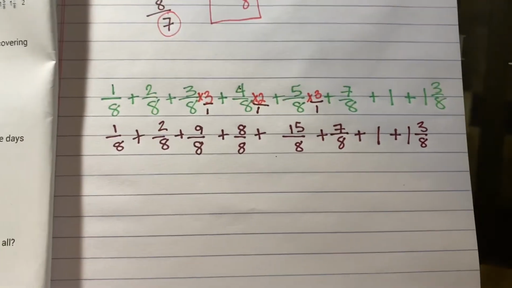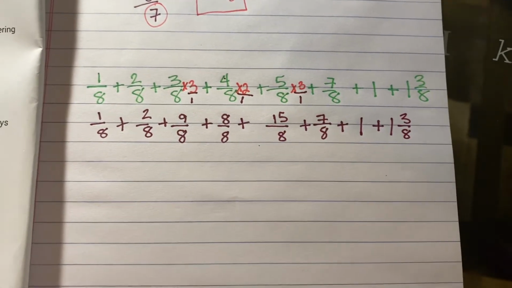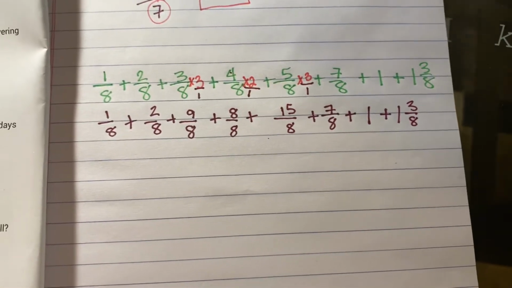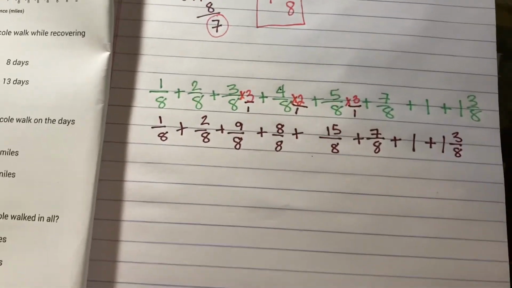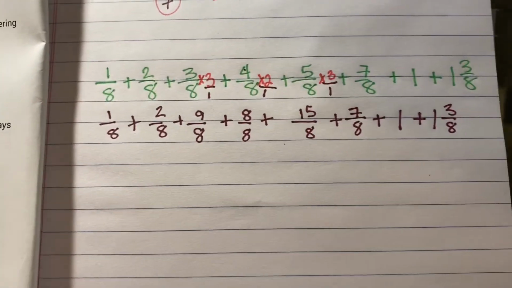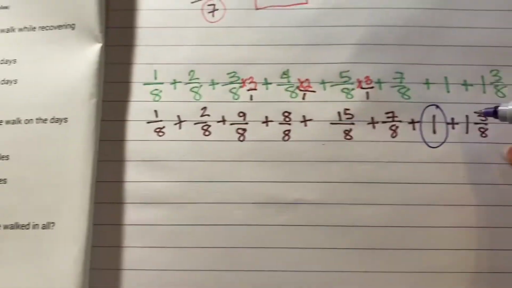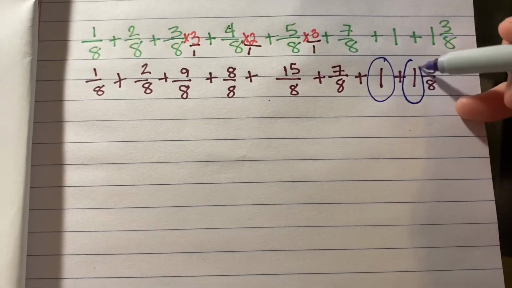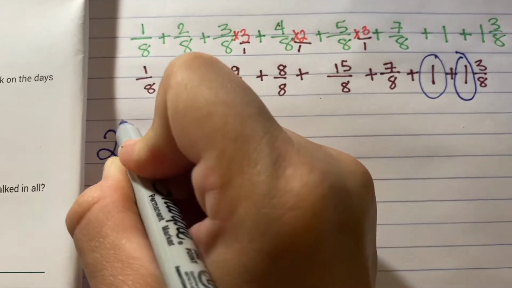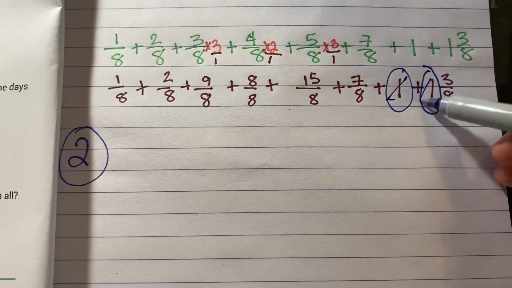From this point, when we're adding fractions, all we have to do is add the numerator, that's the top number, and the denominator stays the same. So we're going to take out all our whole numbers, this 1 and this 1, and put them over here. So we know we have 2 hanging out here. We don't have to worry about this one or this one.